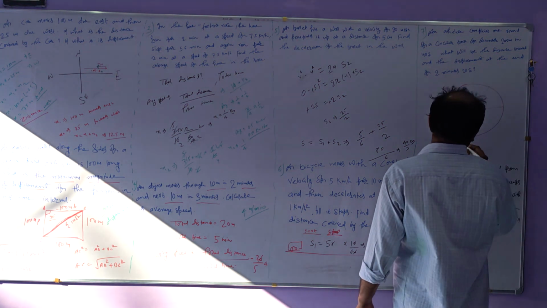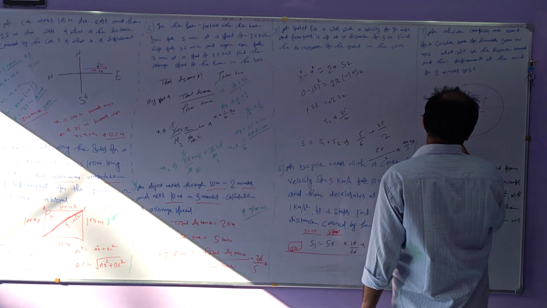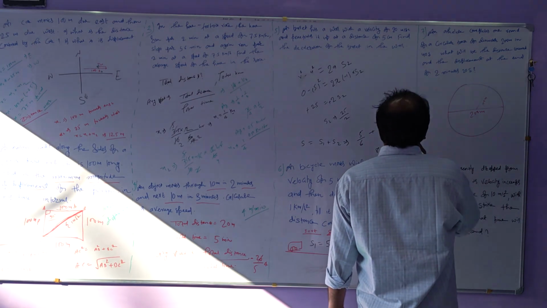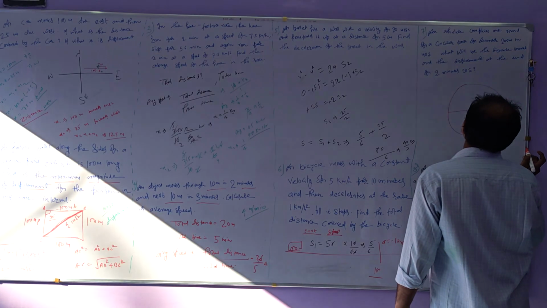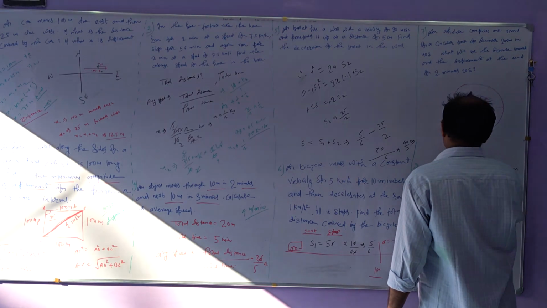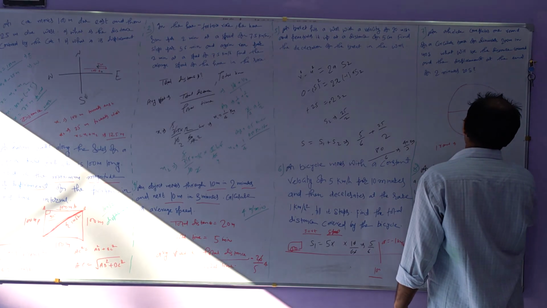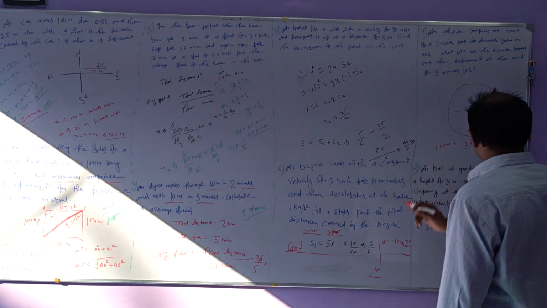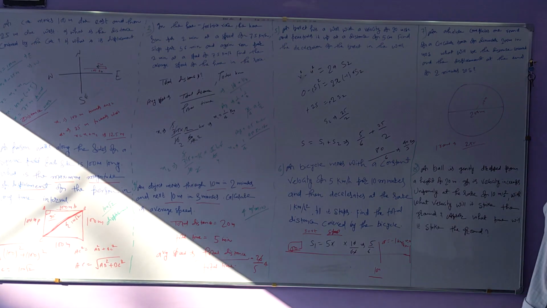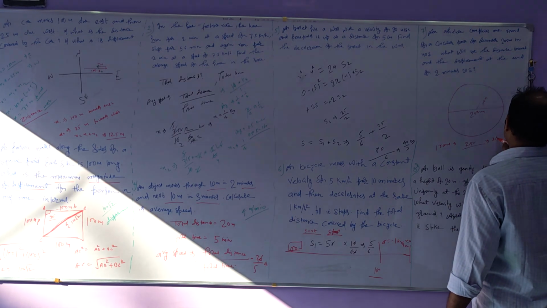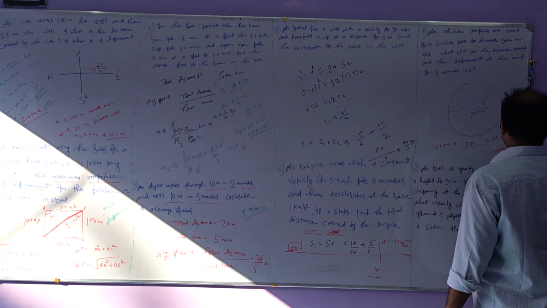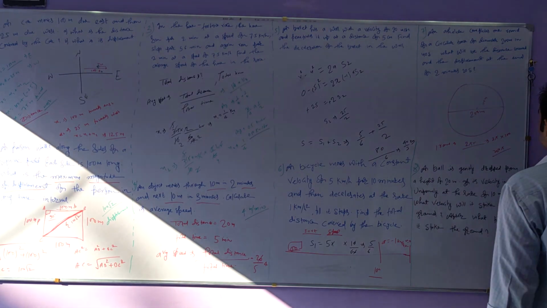So in one round, how much distance does it travel? 2 pi r, that is the circumference of a circle. 2 pi into 100, that is 200 pi.